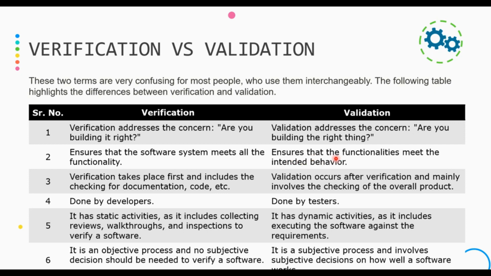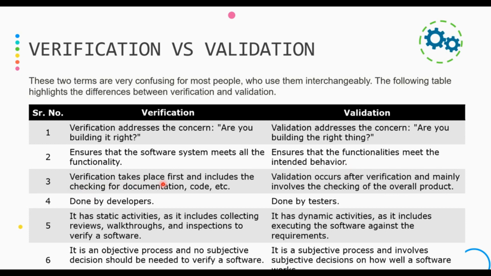Now they ensure that the functionalities meet the intended behavior. Here they plan the functionality, for example that a submit button should be there or something should blink. So here they will check whether that button is working or not, or whether things are blinking in which color. All these things will be ensured or validated in this validation phase. Here they will get the actual result.